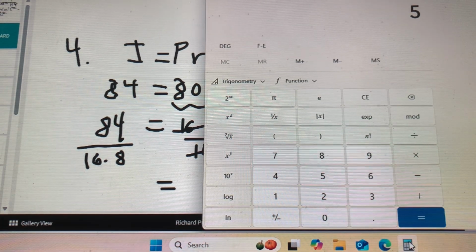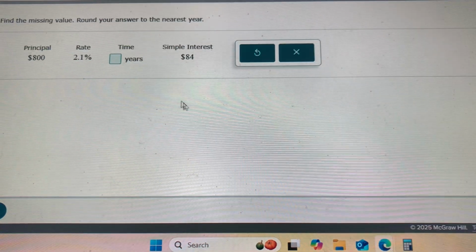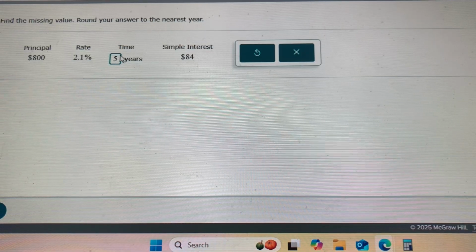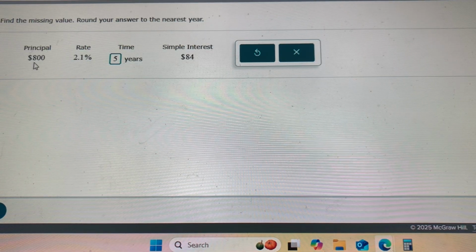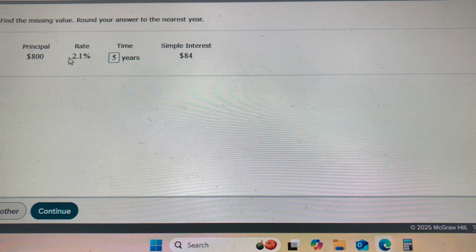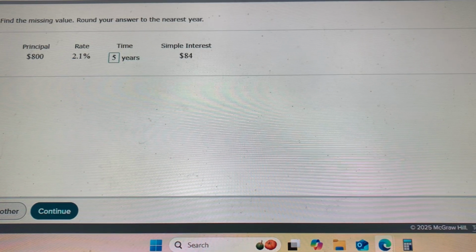This one came out to exactly 5 years. So that's hardly worth it if you put $800 in the bank and come back 5 years later and all they do is give you 84 extra dollars besides your money back. But that's because the principal's low, the interest rate's low, and simple interest doesn't grow as fast as compound interest does.